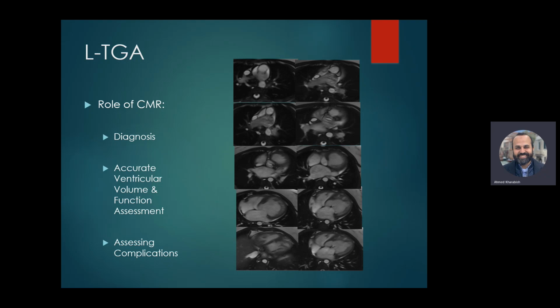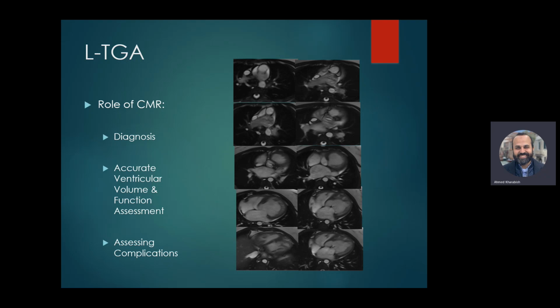So from cross-sectional imaging, again, it's just important to follow the systemic ventricle, which is the right ventricle in this group of patients. To give contrast or not to give contrast: usually at the base study, the first study, maybe we would give some contrast to see whether there are any scars in the right ventricle or not.